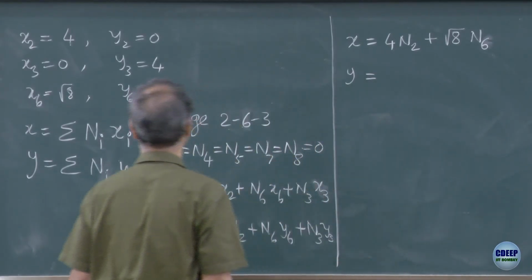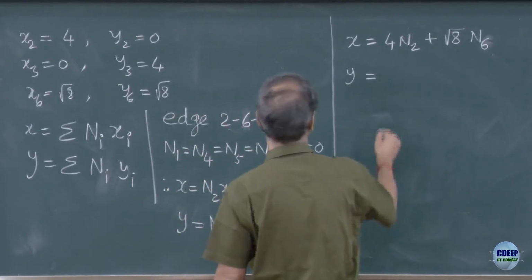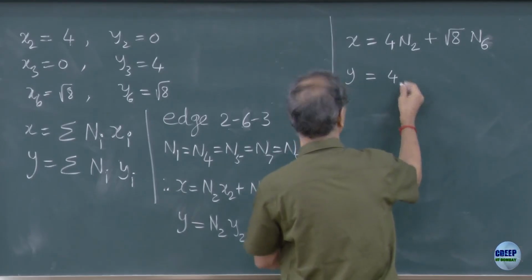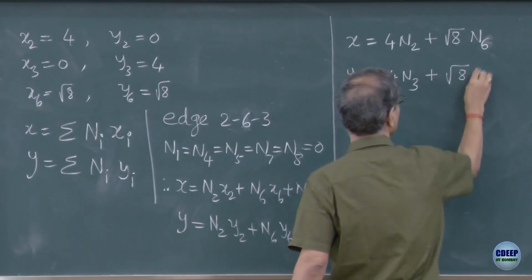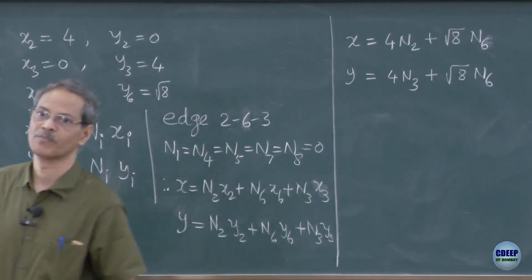Y is N2 y2, y2 is 0, so that goes off, 4 N3 plus root 8 of N6.